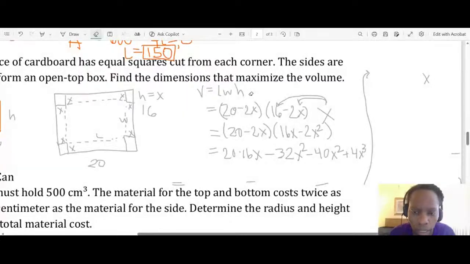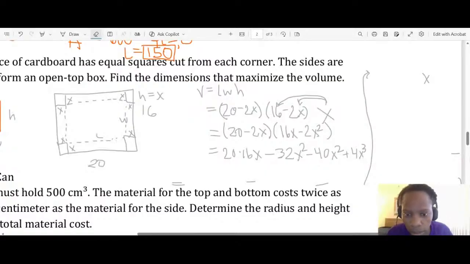Okay, so to be honest, we could take out a 2 from all of this. But anyway, let's just do it how we do it. 20 times 16. Let me double check that.